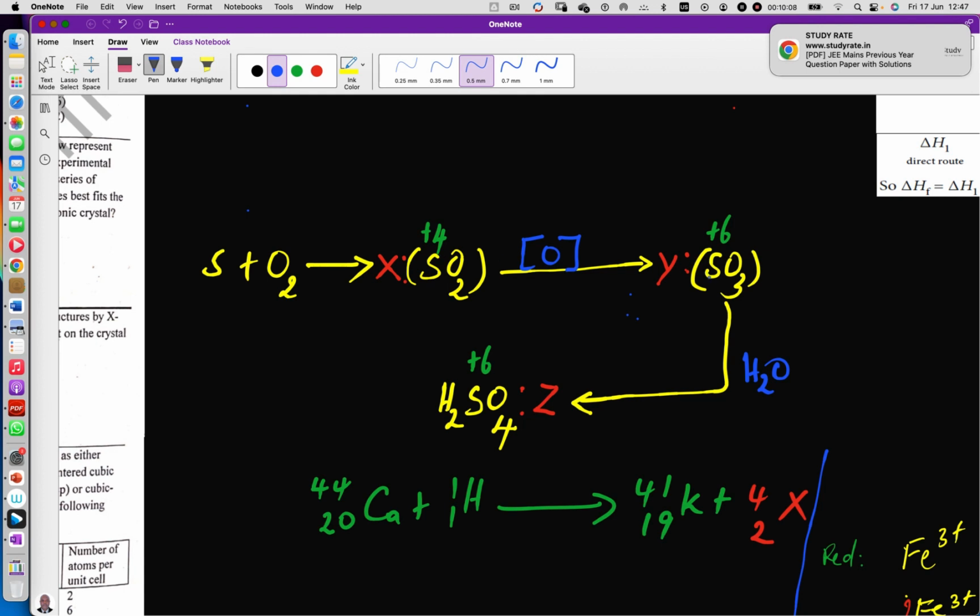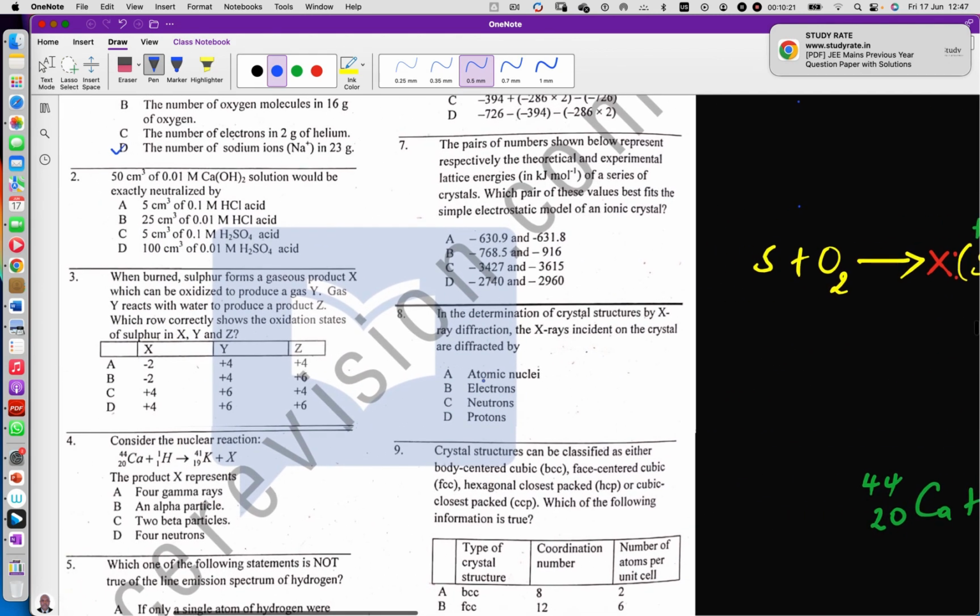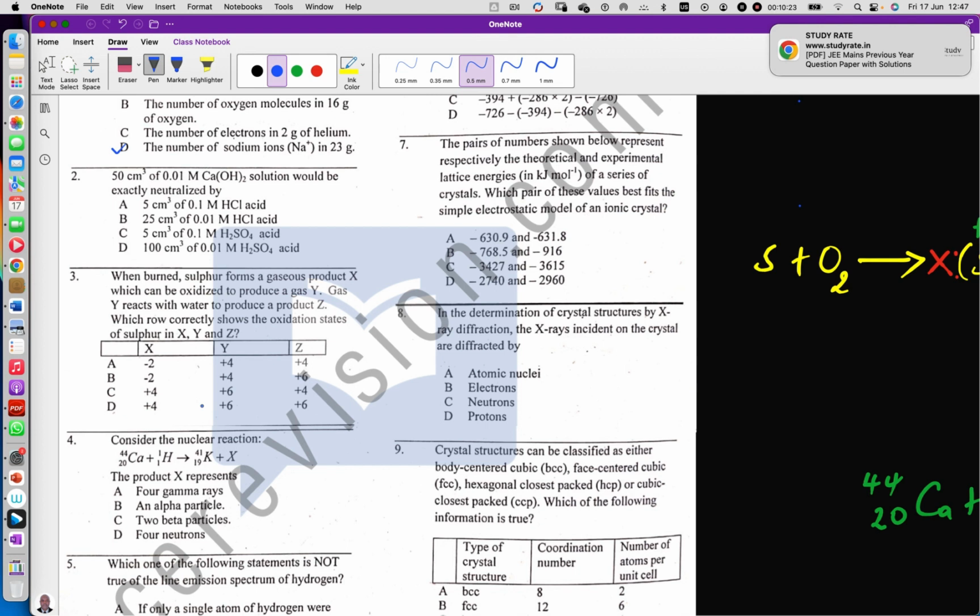The value of sulfur in sulfur trioxide is +6, and the value of sulfur in sulfuric acid, which is Z, is +6. So it will be +4, +6, +6, and the answer is D. Question 3 is D.